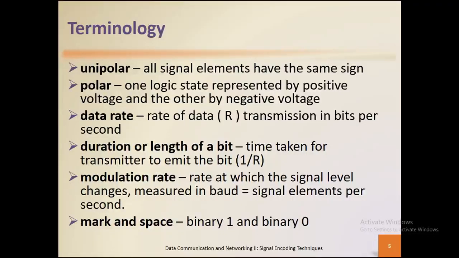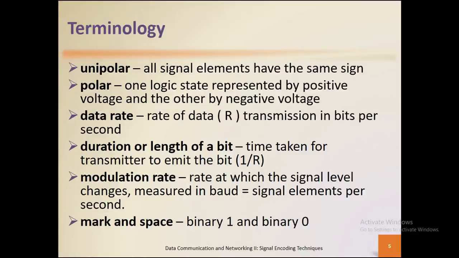If we're looking at analog signals, the way they are plotted, you will notice they come in a wiggly or sine wave format, and the change within the pitch of the signals is usually what is termed the modulation rate. The rate at which the signal level changes from maybe a higher pitch to a lower pitch is what you term the modulation rate, and it's usually measured in bauds.